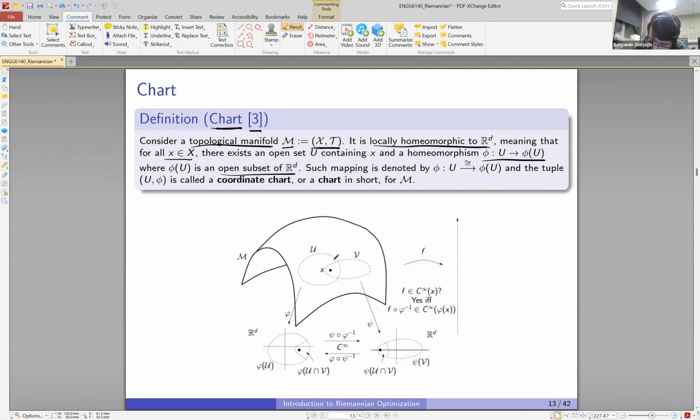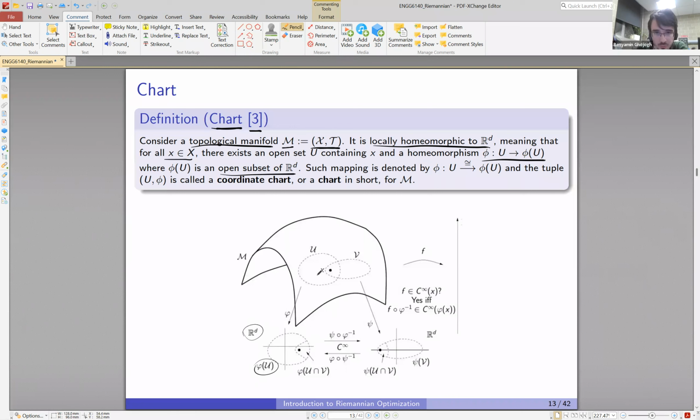And then I can have an open set U on this manifold containing X. And then I can have a map phi from this open set U to phi of U, and this phi of U is homeomorphic to Rd.